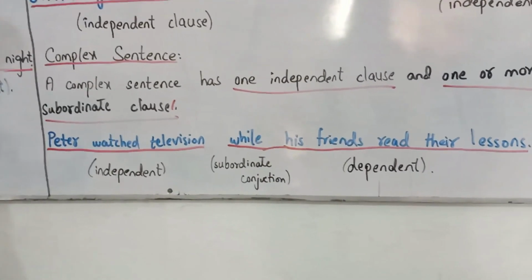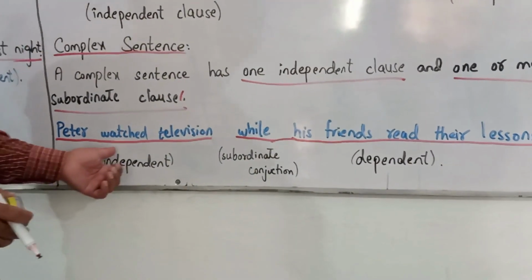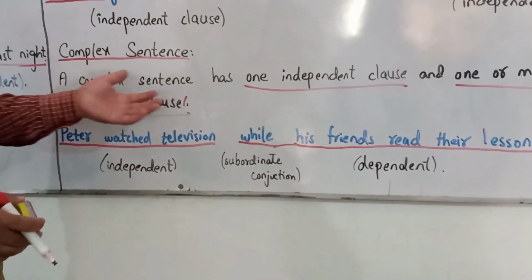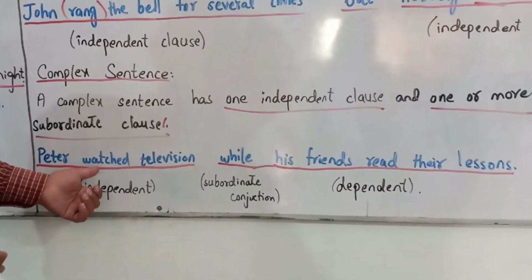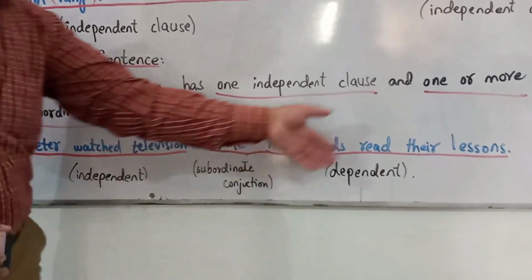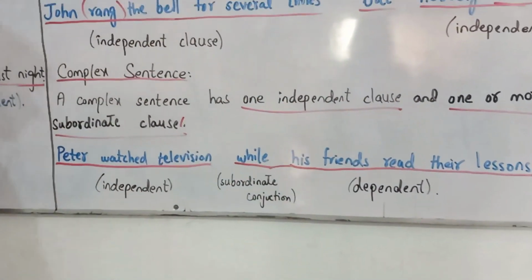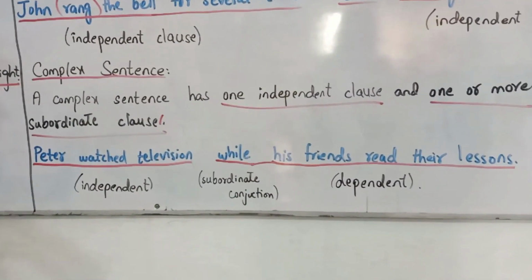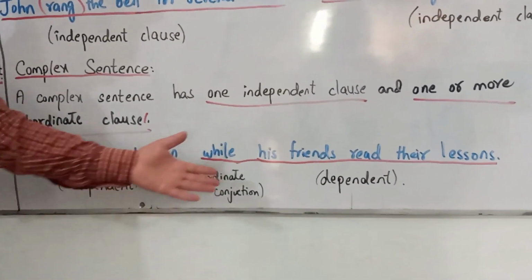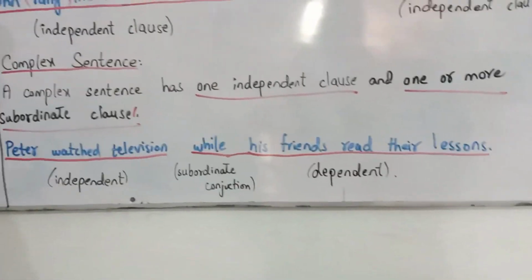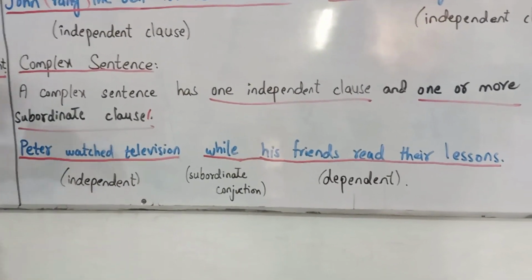Clear? So a complex sentence has got one independent clause and one or more dependent clauses. There may be another clause like this, or maybe one more. So this is the definition of a complex sentence.